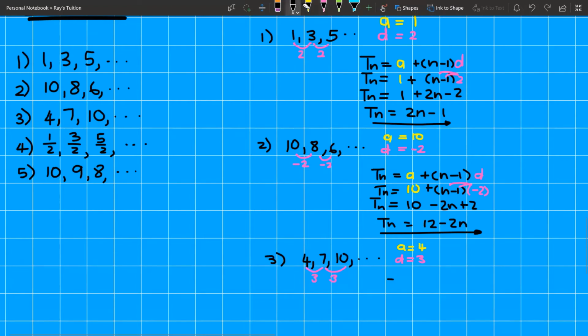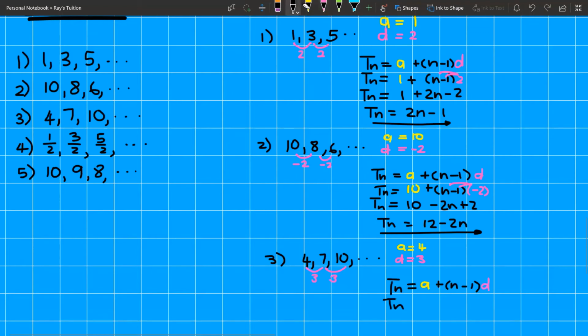Then we use the formula Tn is equal to A plus n minus 1 times D, and then we substitute our values.